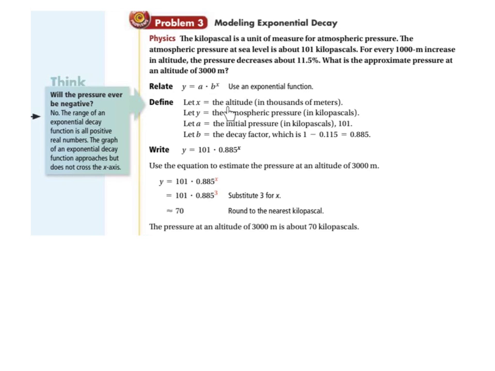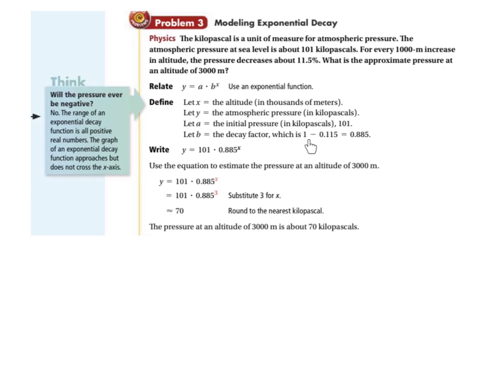So we've got X is the altitude in thousands of meters. Y is the atmospheric pressure in kilopascals. A is the initial pressure that we start with, that's at sea level, the 101 kilopascals. And B is the decay factor, which is 1 minus 0.115, because it's 11.5% expressed as a decimal, and it's minus because it's decay.